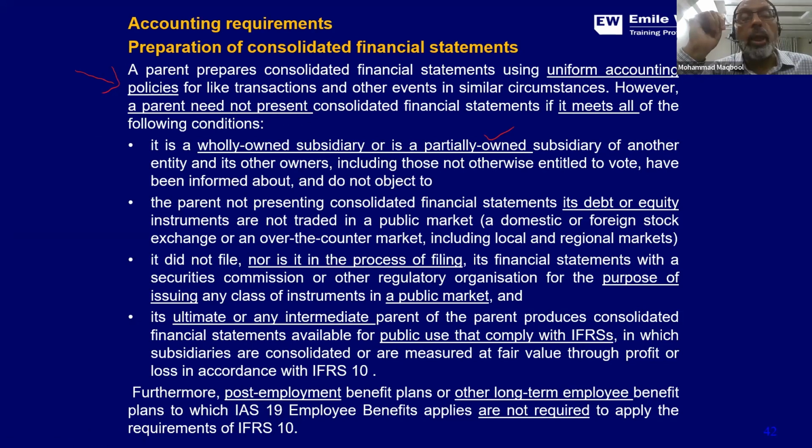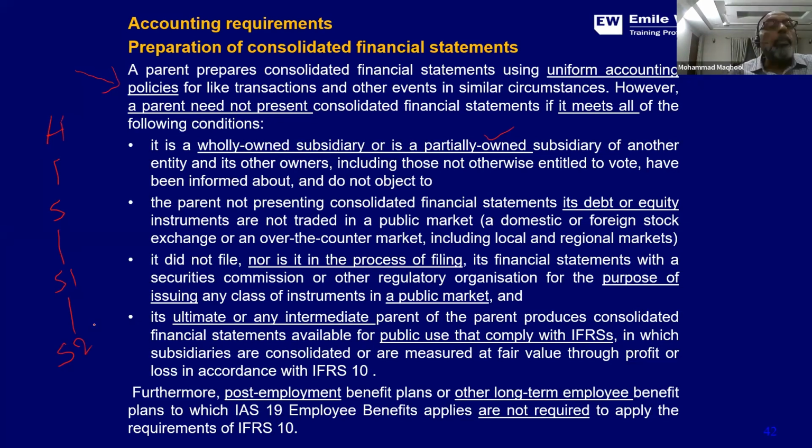And third, this company, which is not preparing the consolidated accounts, is not in the process of filing its financial statements with any securities commission or other regulatory organization to seek permission to issue its instruments, debt or equity, in a public market. And the fourth one is that the ultimate parent company or an intermediate parent company is preparing consolidated accounts by applying IFRS. Like I give you the example: there's a company H, a company S, a company S1, a company S2.